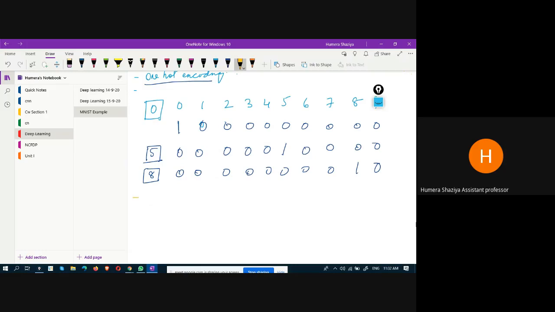Another deep learning model is a convolutional neural network. The second model is CNN, in short, Convolutional Neural Network.